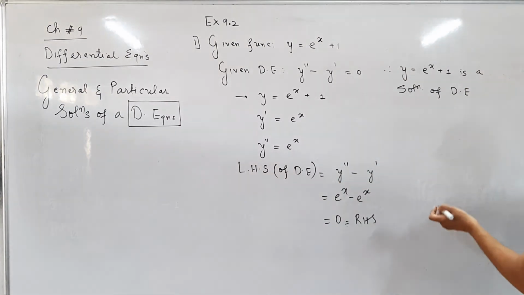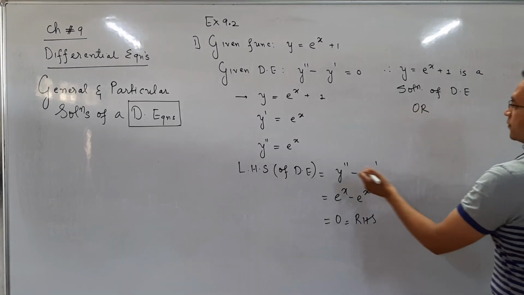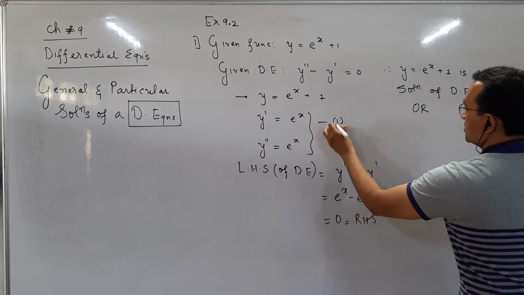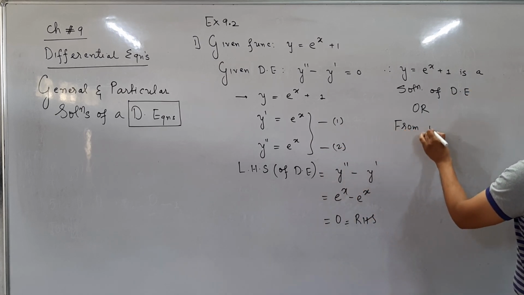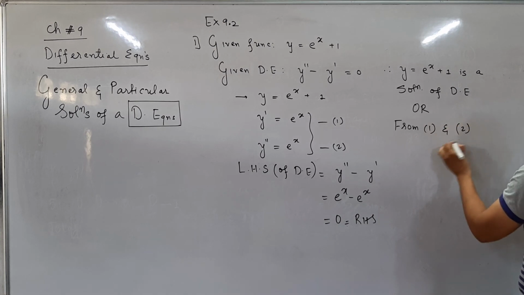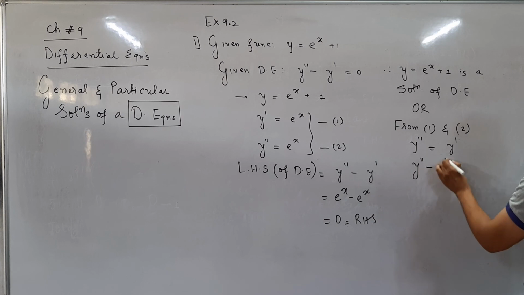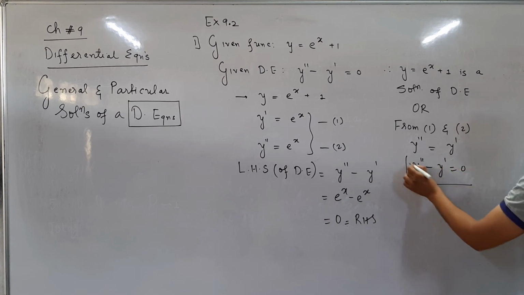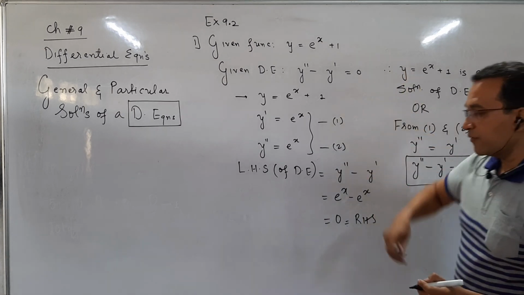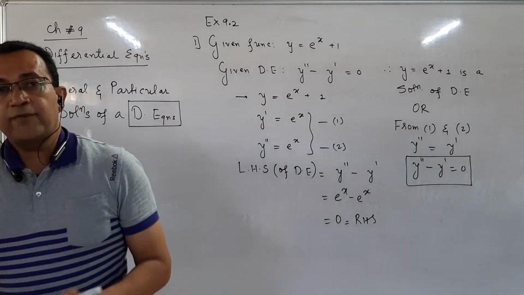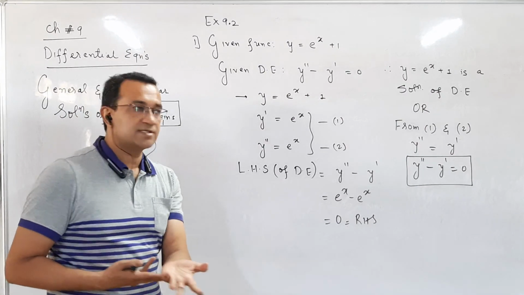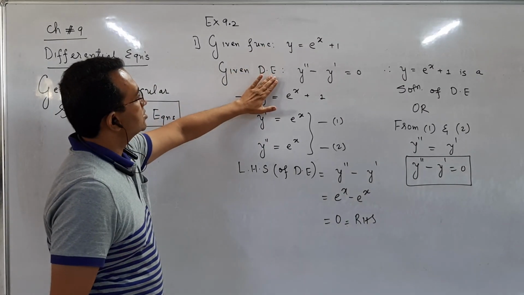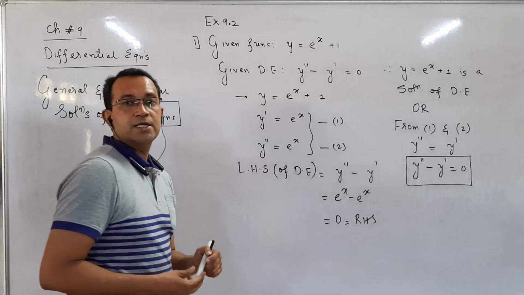The second way is like this: I take these as result 1 and result 2, then from 1 and 2 we get y double dash is equal to y dash, or y double dash minus y dash is equal to 0. So if from the function, after differentiating, we develop the differential equation, then also I can say that this function is the solution of the given differential equation.